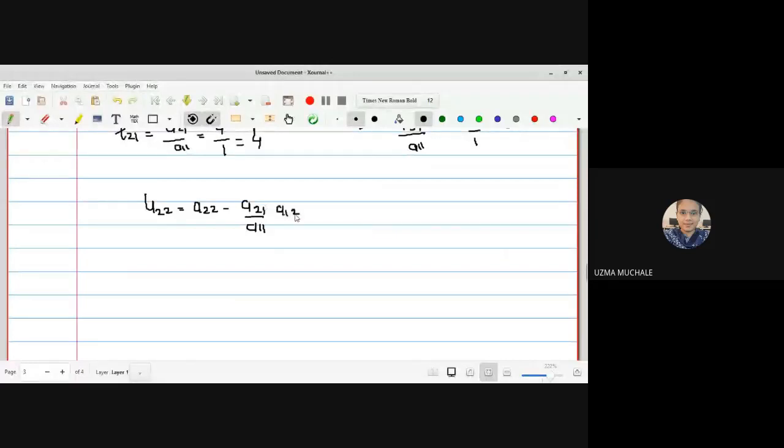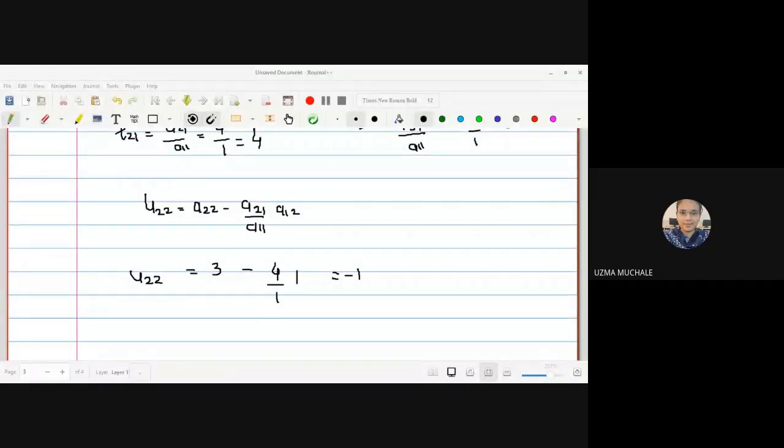What is A22 from our equation? It is 3. Minus A21 is 4 divided by 1 into A12. Minus 1, we are getting the value of U22.